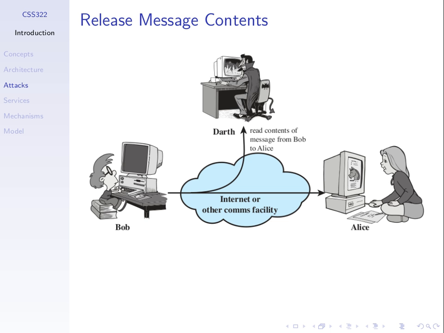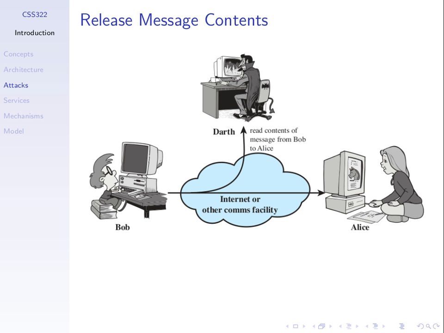Here's an example of if Bob is sending information to Alice, sending a message, and if Darth can somehow intercept that message in the communications network and read the contents of that message, when Bob and Alice want the contents to be confidential, then that's an attack on the security of the system, where we release the message contents.